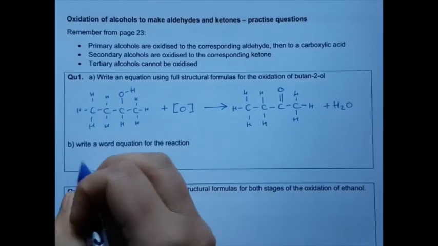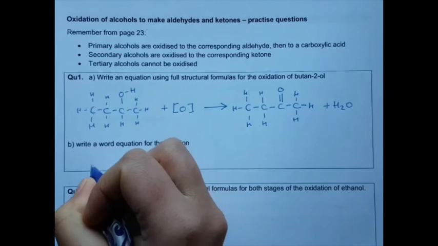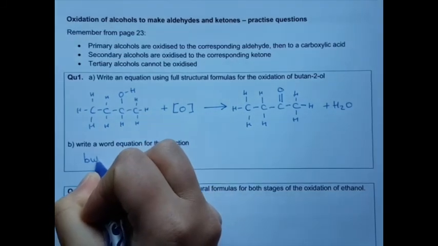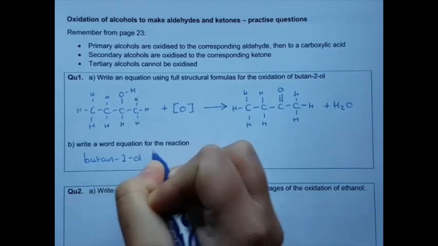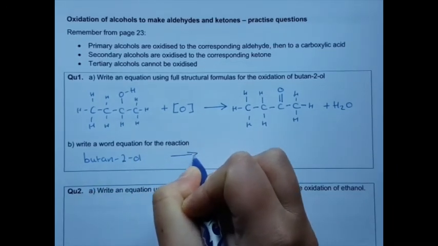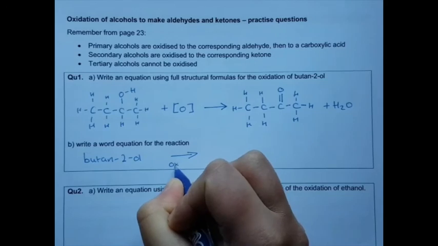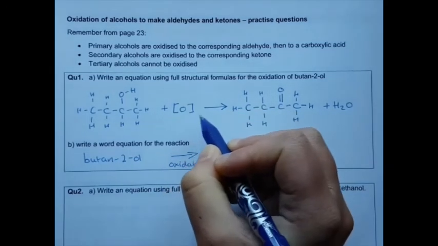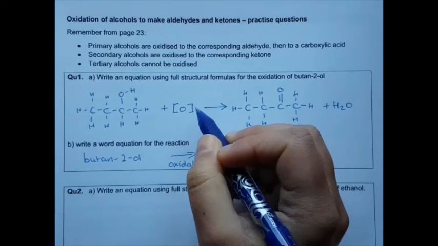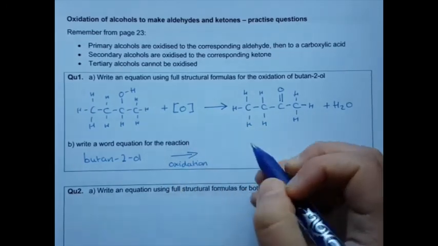Okay, and then writing a word equation for the reaction. Well, the name of this one was given in the question, so obviously this is butan-2-ol. And for this one, I would just write oxidation under the arrow, because like I say, we haven't been given the name of any particular oxidizing agent, so I wouldn't worry too much about that.